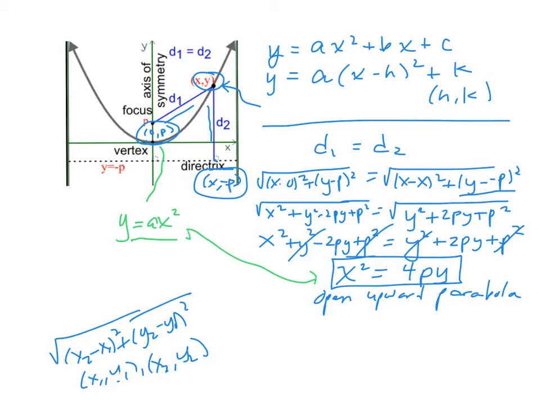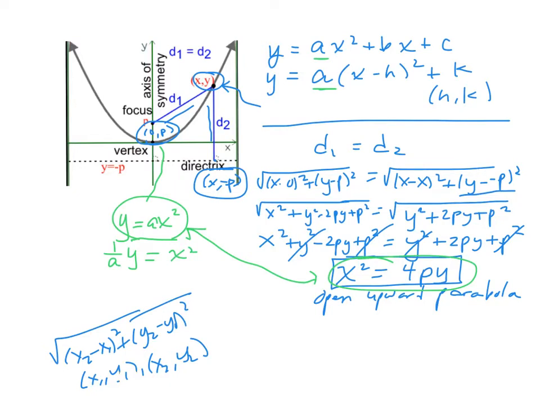So the a that we're used to seeing as our leading coefficient in a quadratic equation, from this algebraic definition versus this new geometric definition, we can see that if we were to move the a to the other side, we would have 1 over a times y is equal to x squared.